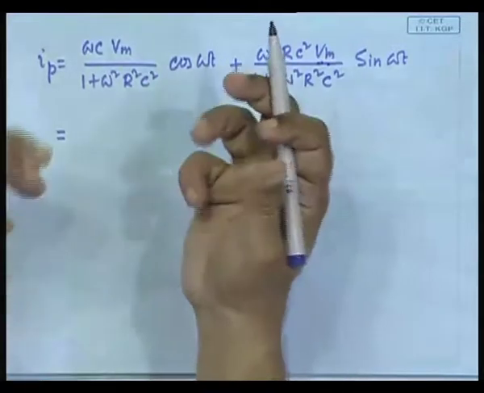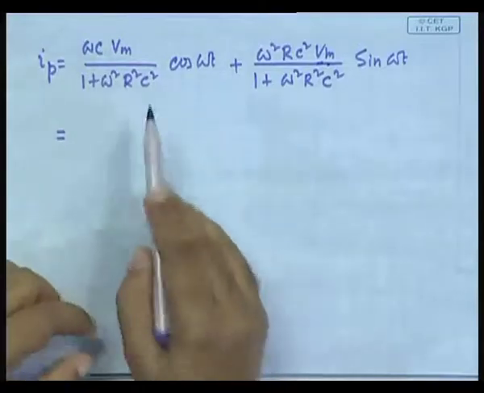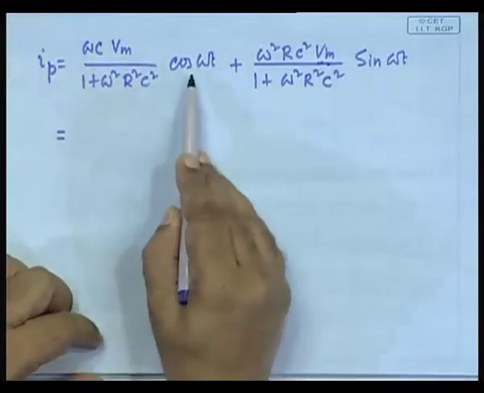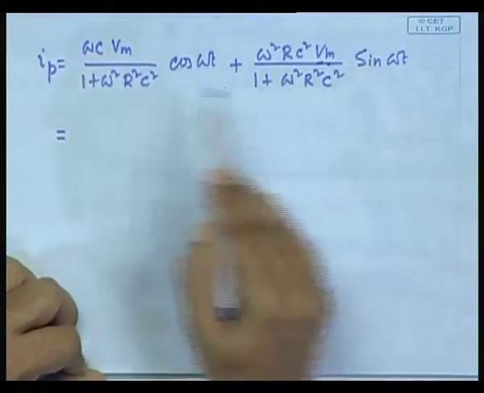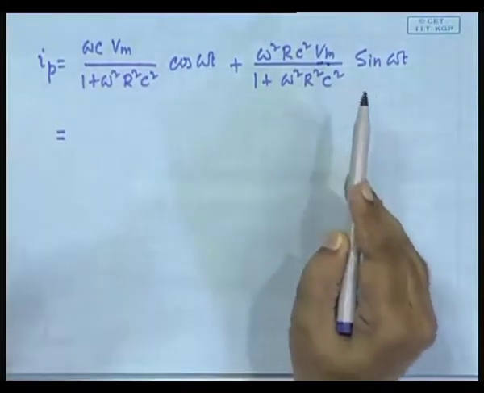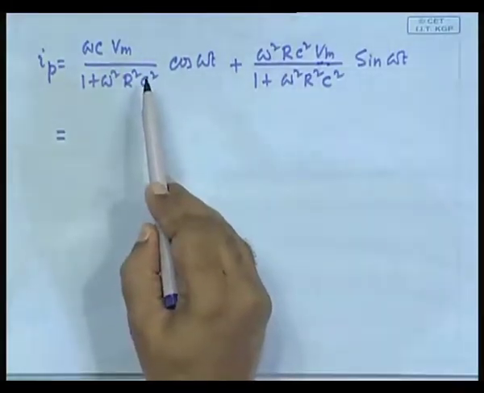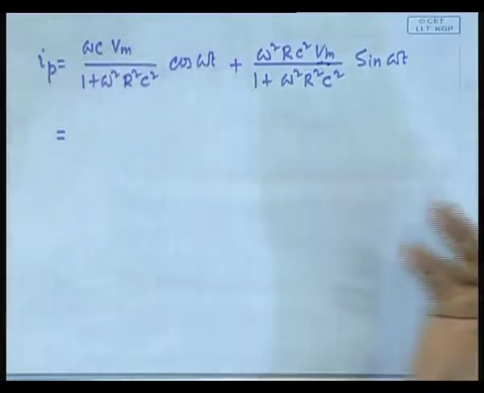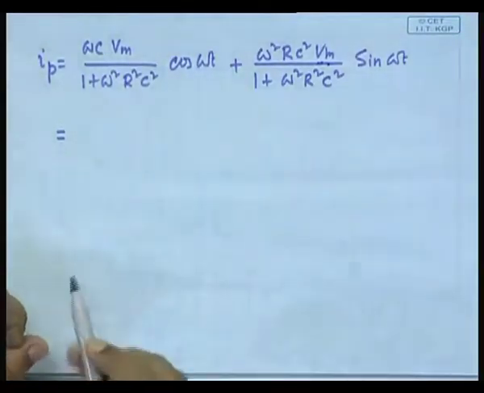So, we need to get something out. It has to be something cos omega t and something sin omega t, and those somethings should be expressible in the form of cos theta cos omega t plus sin theta sin omega t, then it gets in that form. Okay. So, try to express in that form.